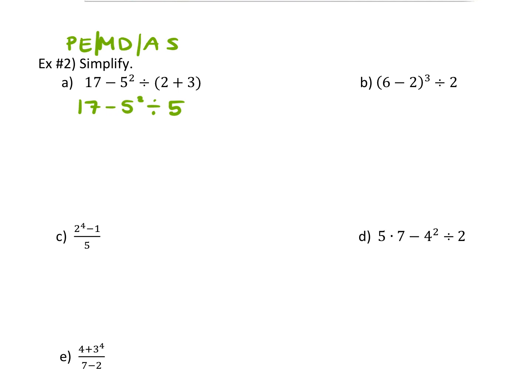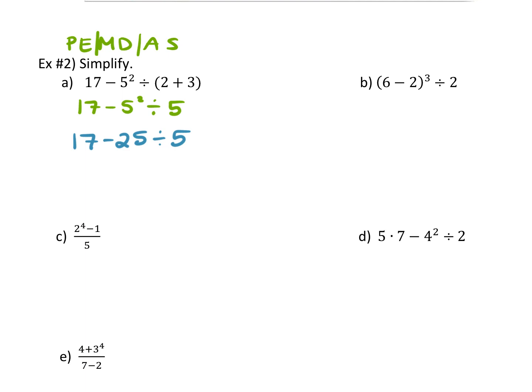Are there exponents in this problem? Yes, so we go there next. 17 minus what? 25 divided by 5, okay? This next step is what got done wrong on the practice test, the pre-assessment. What's your next step? You divide, okay?